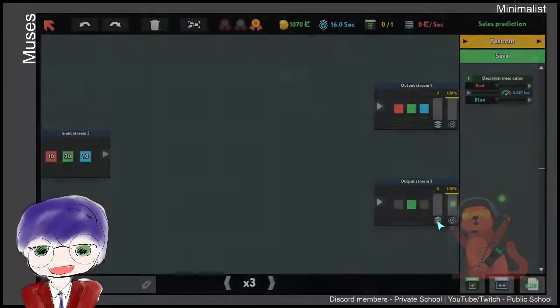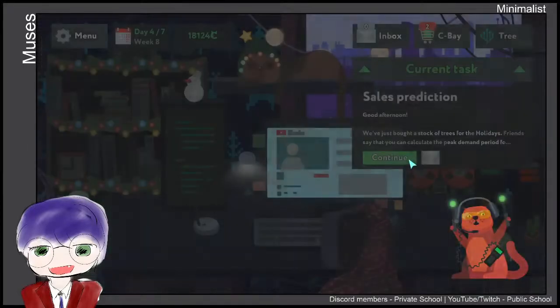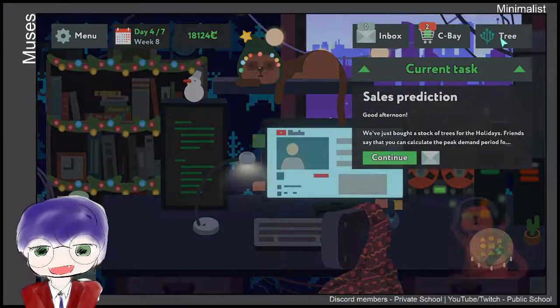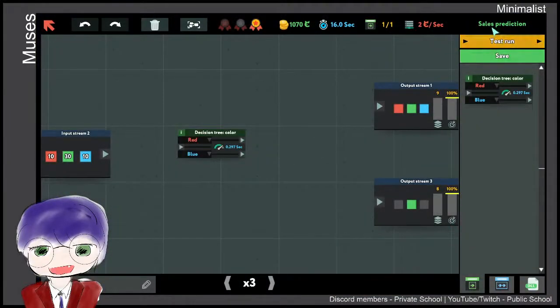There we go. Decision tree color. What? I'm confused. Sales predictions. Blah blah blah. I didn't even read it. Okay.